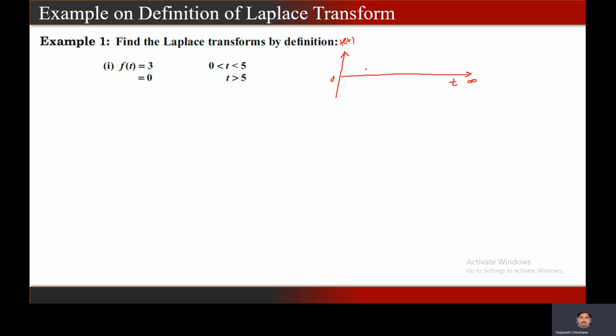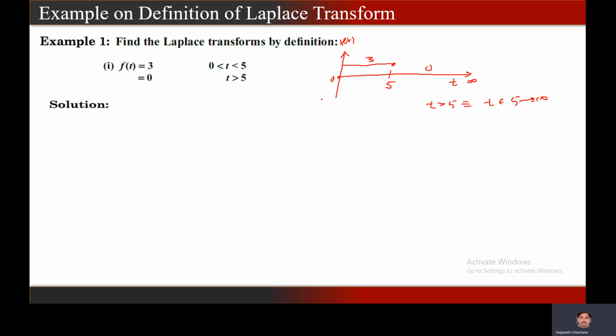In between 0 to 5 the value is 3, and for t greater than 5, meaning t lies between 5 to infinity, the value is 0. And remember, the Laplace transform is defined from 0 to infinity.